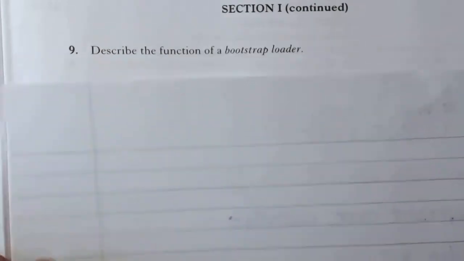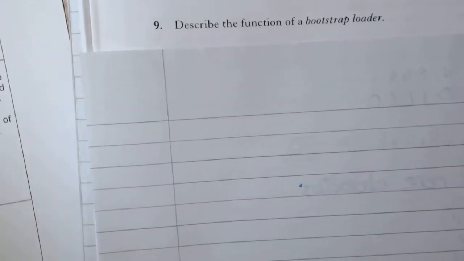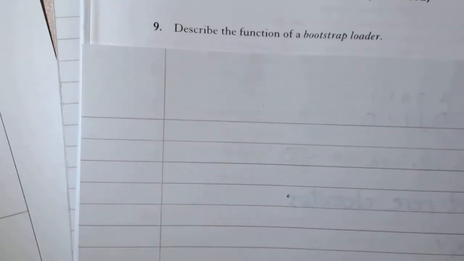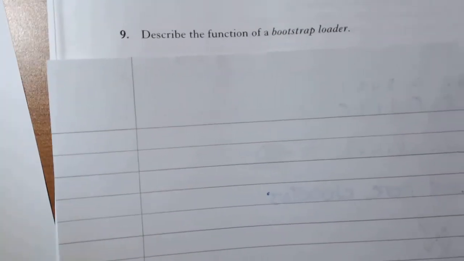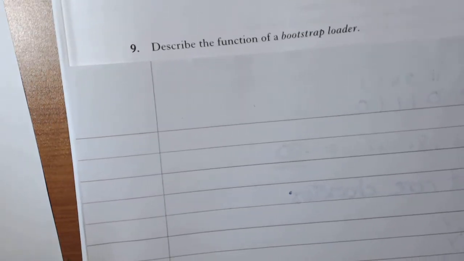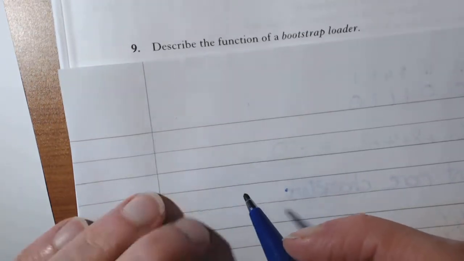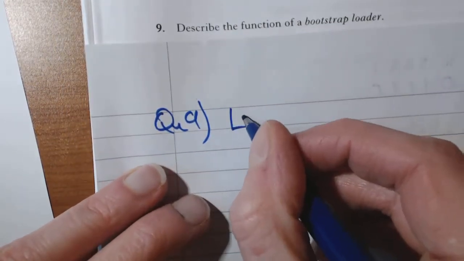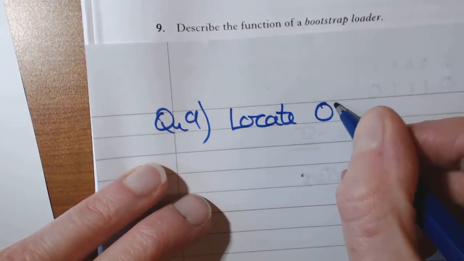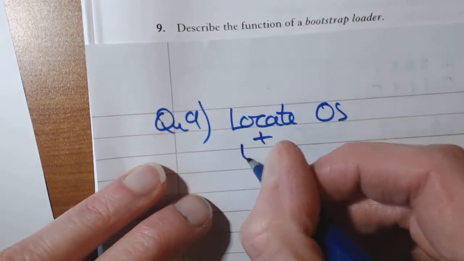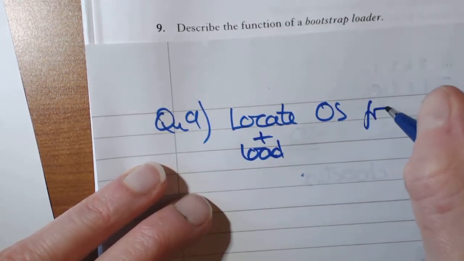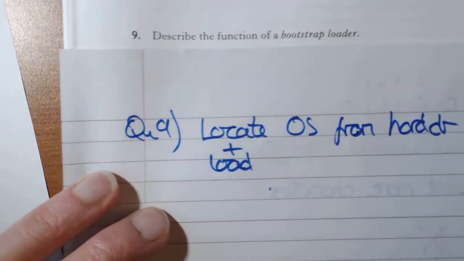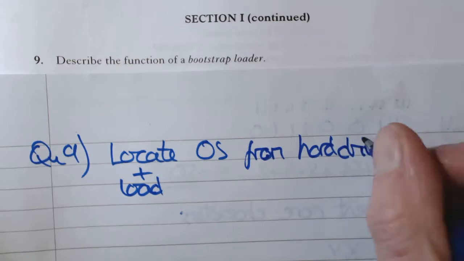Right, so I'll just have this wee piece of paper. Right, so essentially it's in memory and it just loads up the rest of the operating system in your hard drive. Okay, so essentially for question 9, I'll just say locate and load operating system from hard drive into memory.